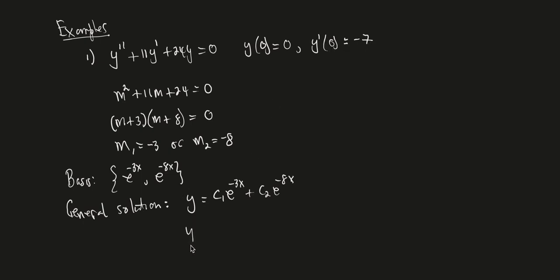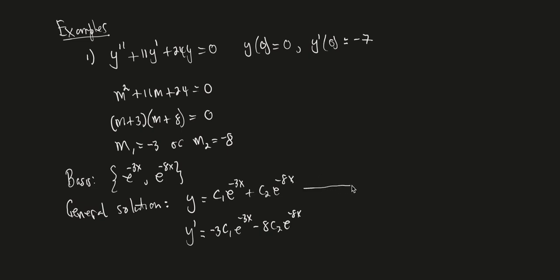So let's go ahead and differentiate this. To find this derivative, we're going to have to remember our rule for exponential functions as well as our chain rule. So finding the derivative here, we're going to get negative 3c1 e to the negative 3x minus 8c2 e to the negative 8x.